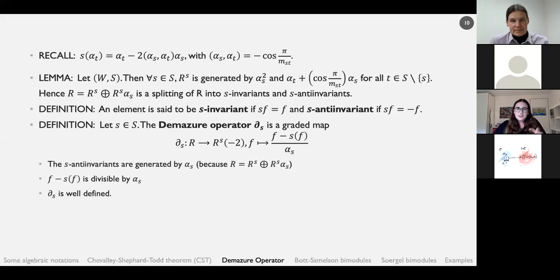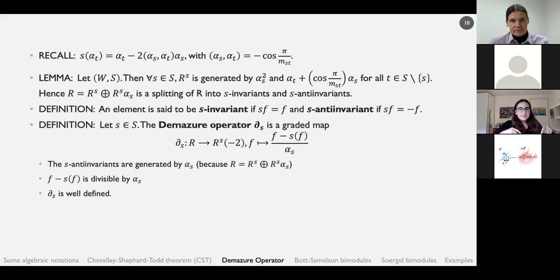First, we'll check that the s anti-invariants are generated by α_s, and indeed we have seen this before with the fact that we can write R to be the direct sum of R^s and R^s α_s.